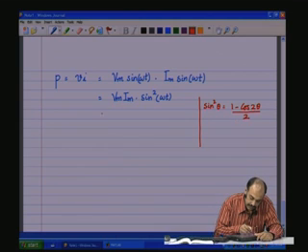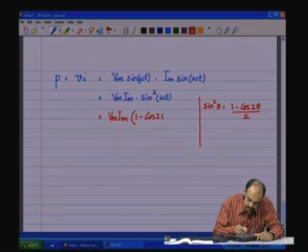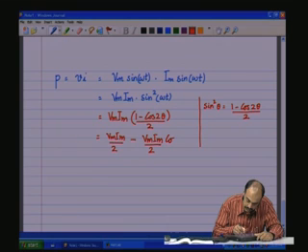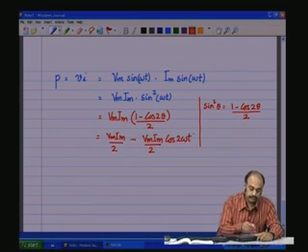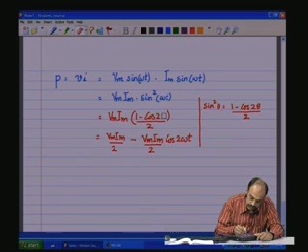If we apply that, we have Vm Im (1 minus cos 2 theta) by 2, which is Vm Im by 2 minus Vm Im by 2 into cos 2 omega t.